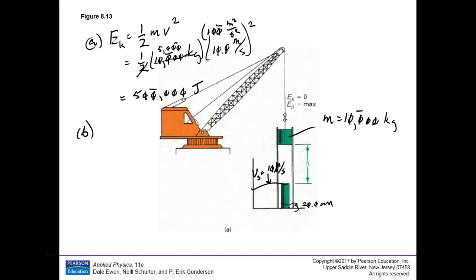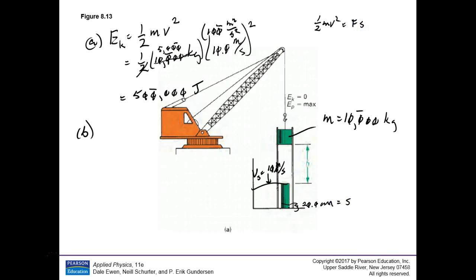What force is applied to the plow? Now, I've erased what we had, but it's the top of the page. If you got your books, page 216, that is 1/2 mv squared is equal to F times S. This is our S. We know what the 1/2 mv squared is.